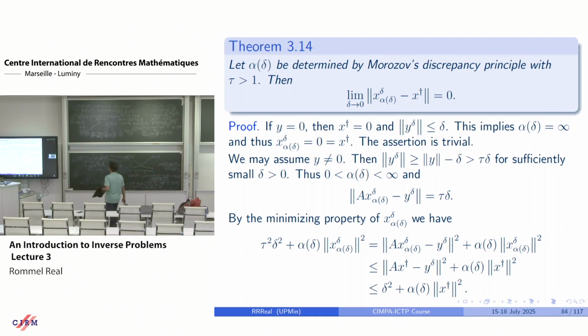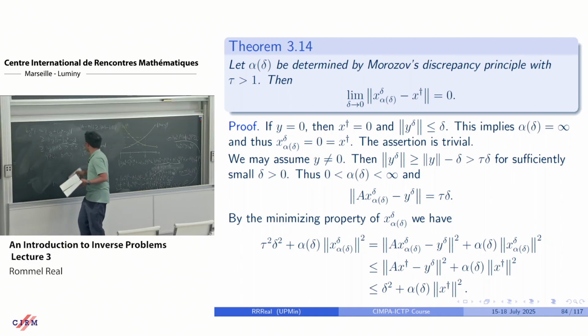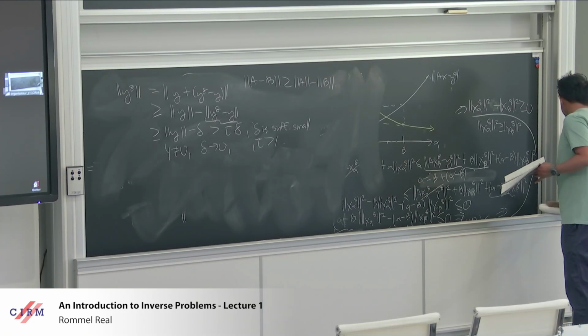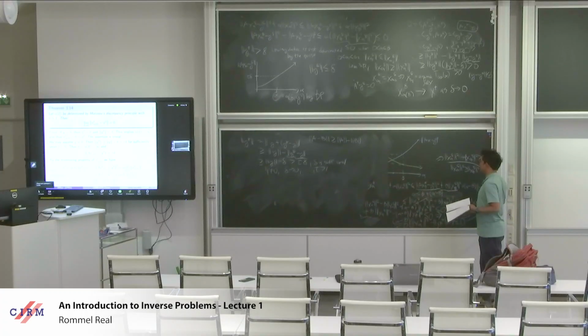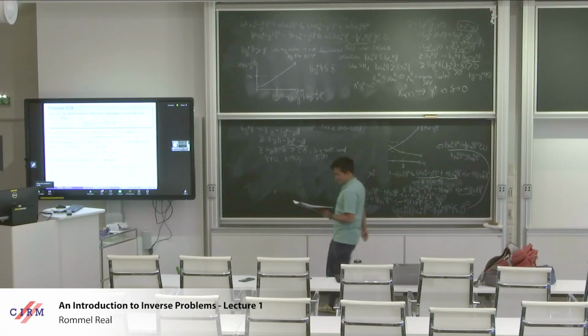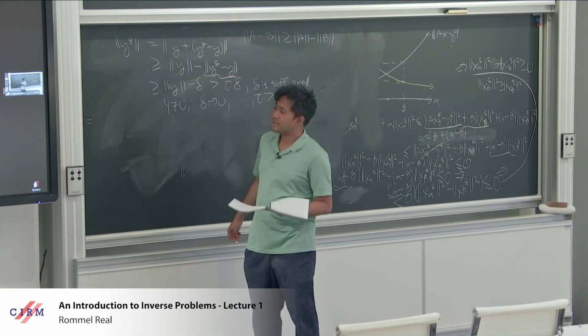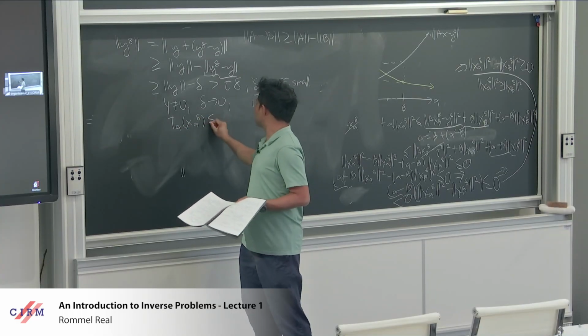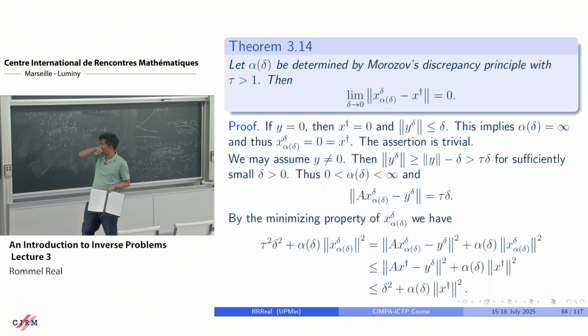Then by applying the minimizing property of x sub alpha delta, we get that T sub alpha of x alpha delta is less than or equal to T sub alpha of any point. Let's use x dagger, which is a useful point we can use over here.